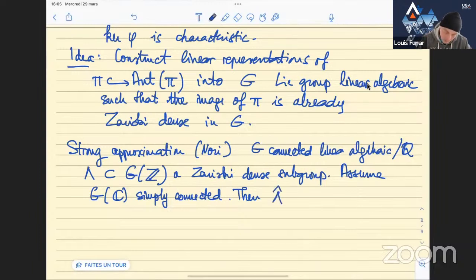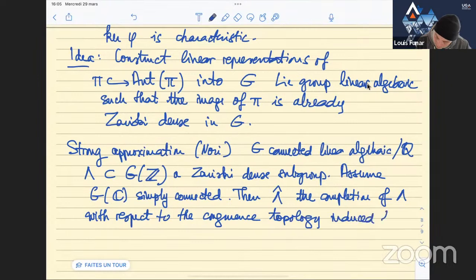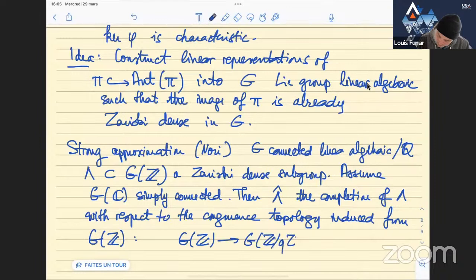Then the completion of lambda with respect to the congruence topology induced from G of Z. So this congruence topology corresponds to taking as a basis of neighborhoods the kernels of all maps from G of Z into G of Z over QZ, for all large enough Q where it is defined.